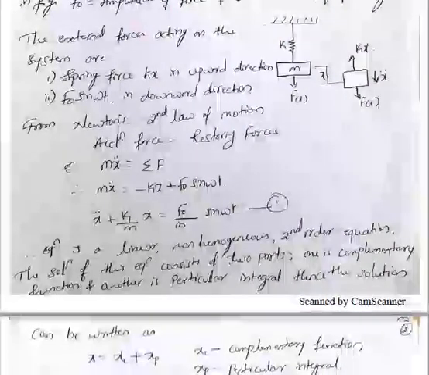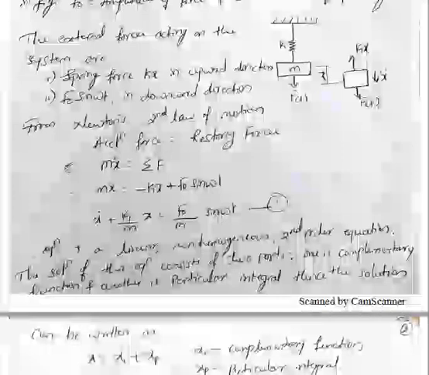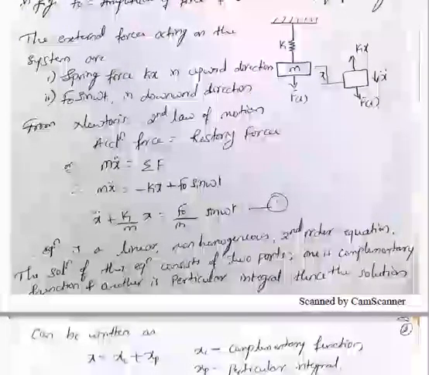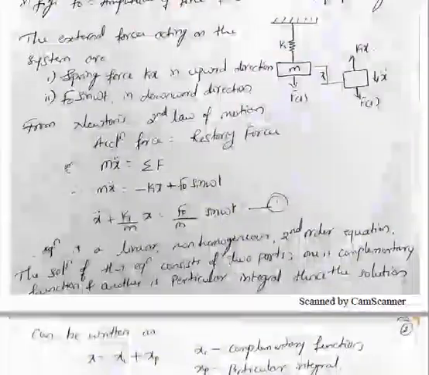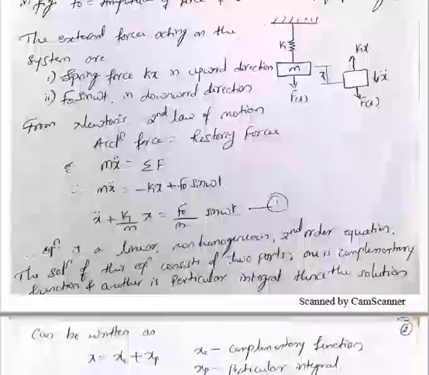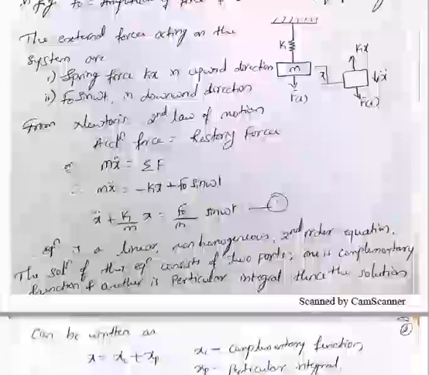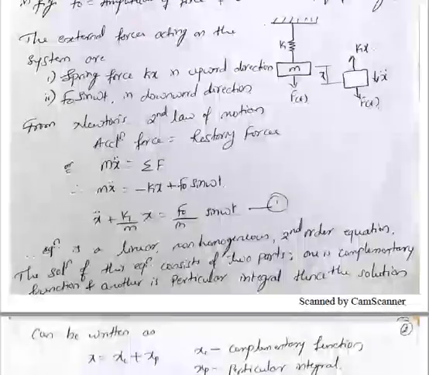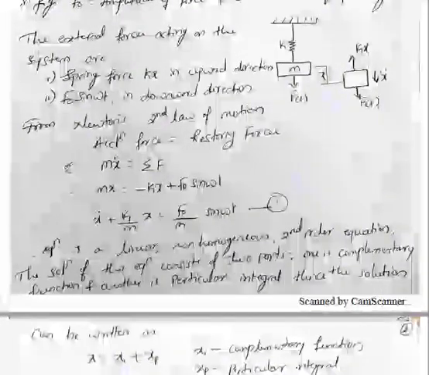Remember this very carefully while writing the differential equation for any system. We take the positive sign for the forces acting in the direction of the displacement of the body, and for those acting in the opposite direction, you take the negative sign.